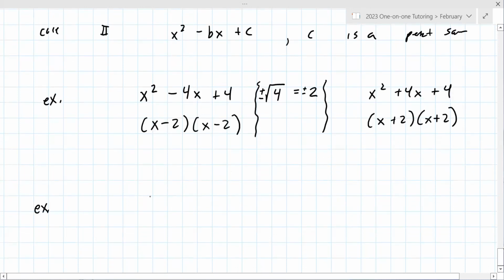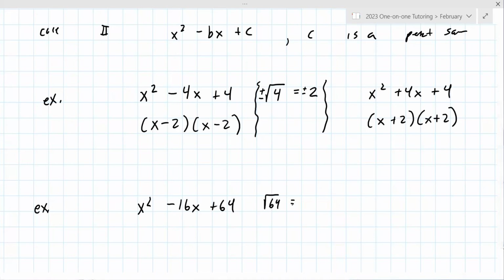Okay, so again, here's another example: x squared minus 16x plus 64. So you can take the square root of 64. Can you tell me what that is? I have to figure it out. Okay, so they give you that here.